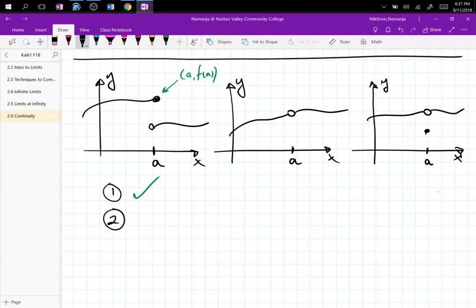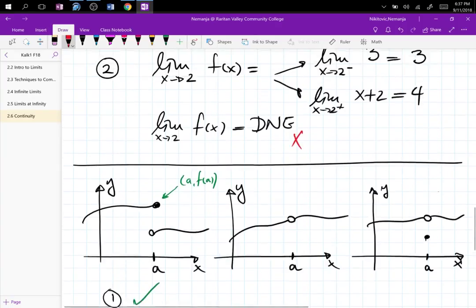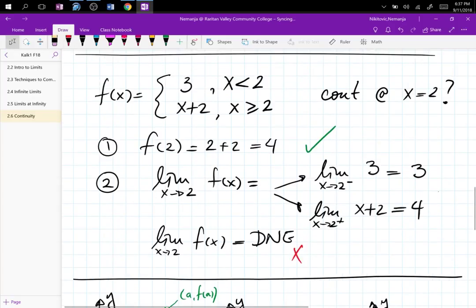No, the limit does not exist. Limit from the left is the y value of the black dot. Limit from the right is the y value of the open circle. They are not the same y value. The second rule fails, and that's why it's discontinuous. This is exactly the jump discontinuity, the edge of the desk as the bottle flies off of it.